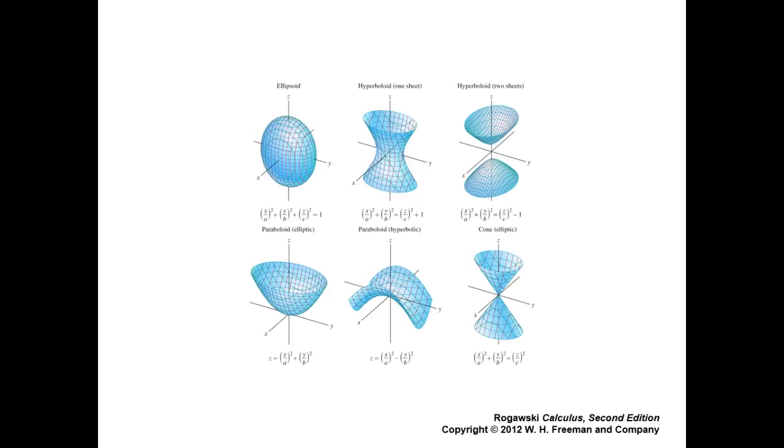Okay, number four. Is there any quadric surface whose traces are all parabolas? No. Okay? This has ellipses and hyperbolas. It doesn't have any parabolas.